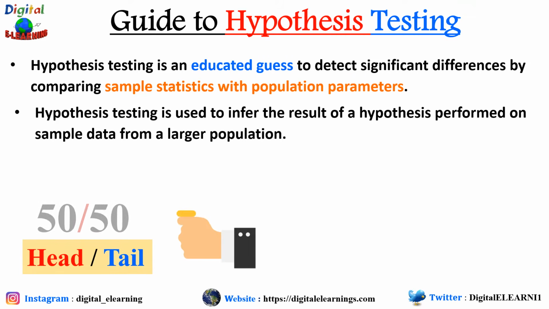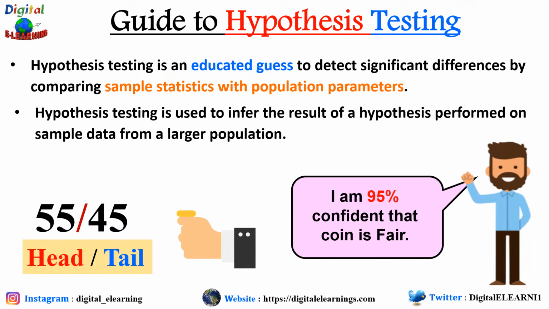But if it comes to 55 heads and 45 tails, then we can say that this could have occurred by chance. So there is not sufficient evidence to suggest that the coin is unfair. So we might come up with the hypothesis that I am 95% confident that the coin is fair.